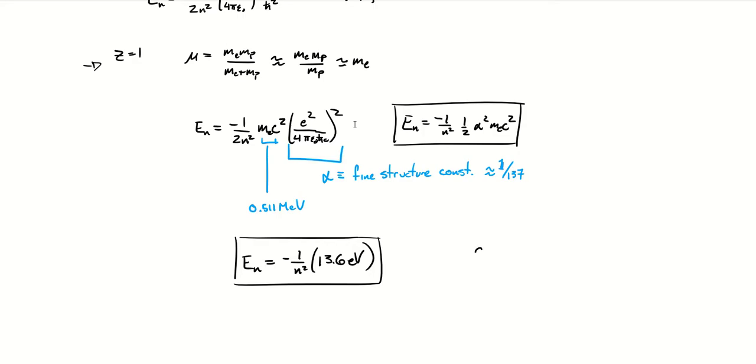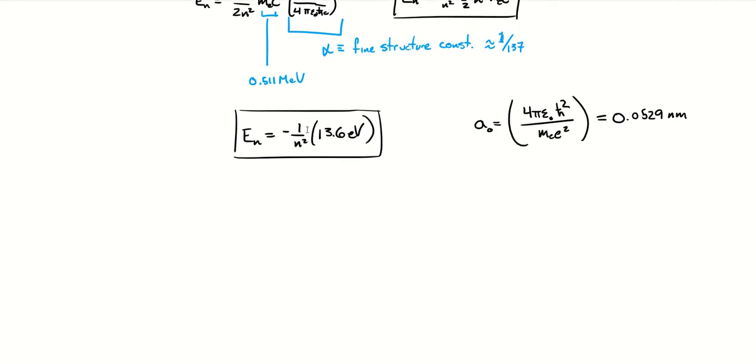Another thing is that length scale that we wrote for hydrogen, that a, 4 pi epsilon naught h bar squared over m e squared. This is the Bohr radius. This is 0.0529 nanometers, and it gives us the length scale of our atom.